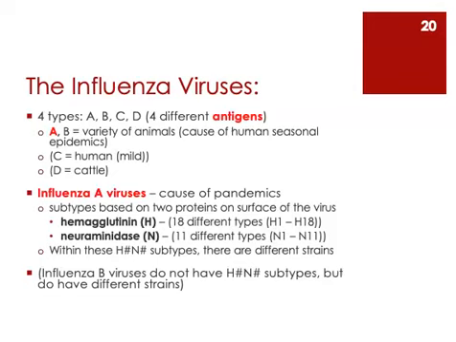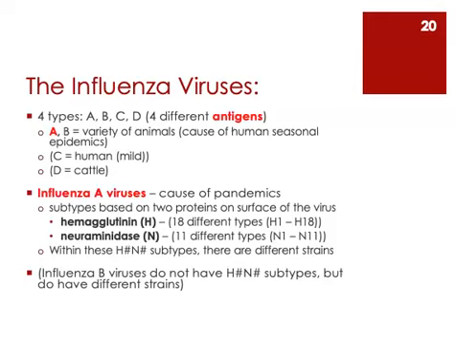The influenza A viruses will be the focus of what I talk about with regards to naming them, because it's the influenza A viruses that are capable of causing the kinds of pandemics that we've seen in history.